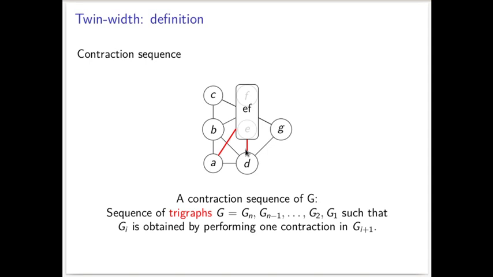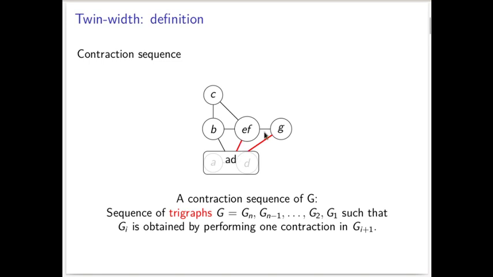We continue this contraction sequence by contracting A and D. B will be adjacent to AD with a black edge, while G will be adjacent to AD with a red edge, just like EF. Then we contract B and EF.